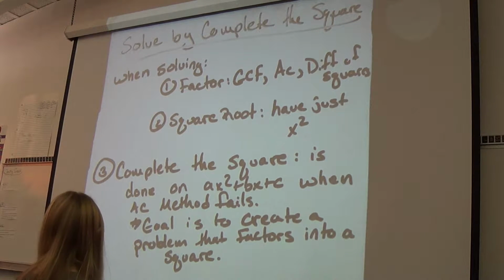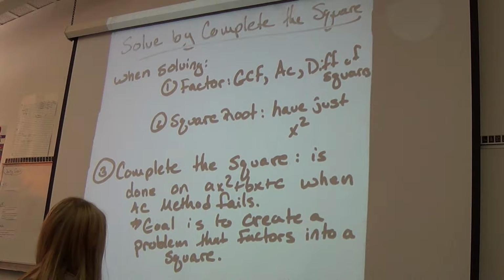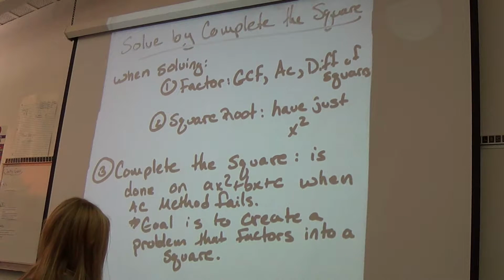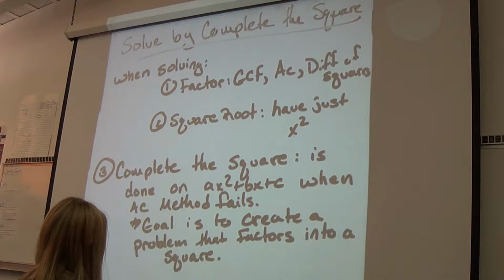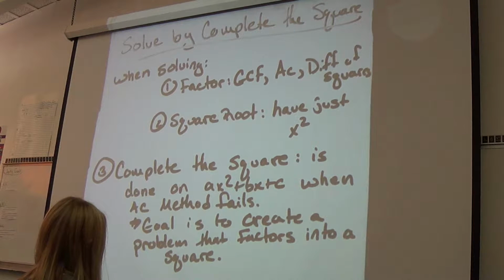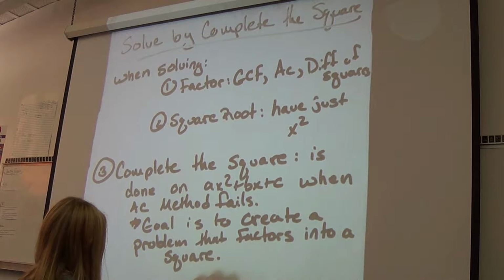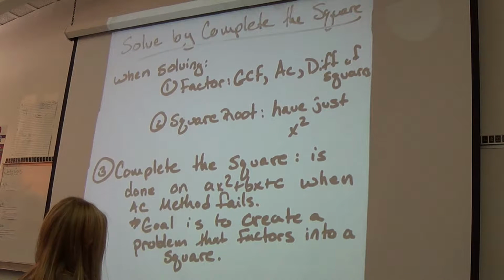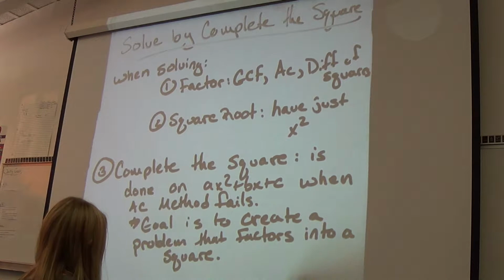That's like what we did on our warm-ups, except our warm-ups, we went backwards. We started with the factored form, we distributed it to show that it came to the square. So on this one, you're trying to go the other way. You're trying to create some sort of problem that if I factored it, I would get that perfect square. I would get those 2 parentheses that were the exact same thing. That's the goal of this.